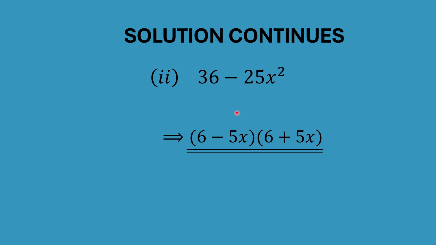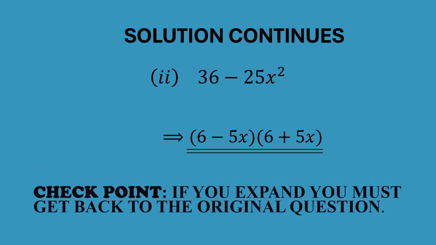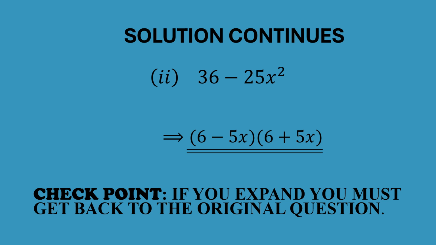That is the reason why we are having alternating signs in the brackets. I hope this is making sense so far. Next slide. If you expand, you must get back to the original question.